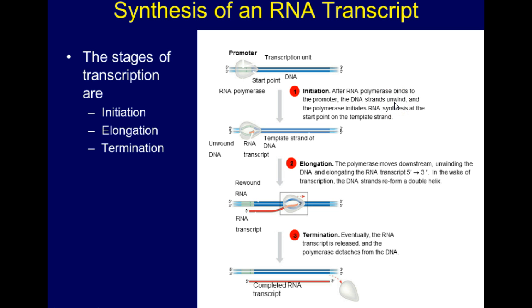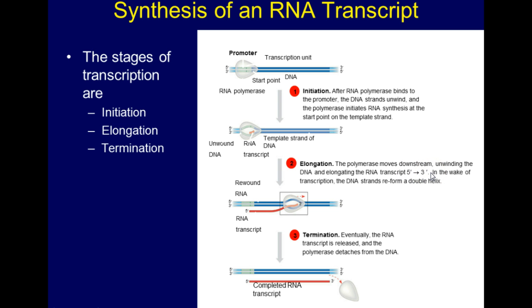It needs to unwind. And the polymerase initiates RNA synthesis at the start point on the template strand, which you see right here. You also see now that they're labeled 3' and 5'. We'll talk about that here in a second as well. Then during elongation, polymerase moves downstream, unwinding the DNA and elongating the RNA transcript in the 5' to 3' direction.